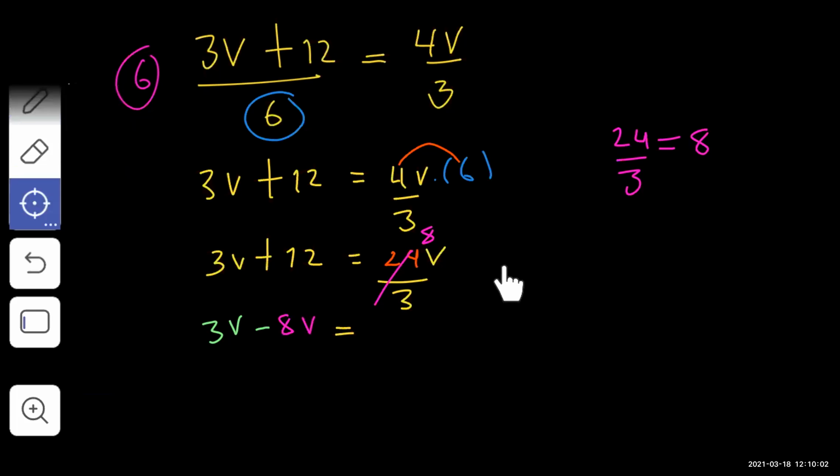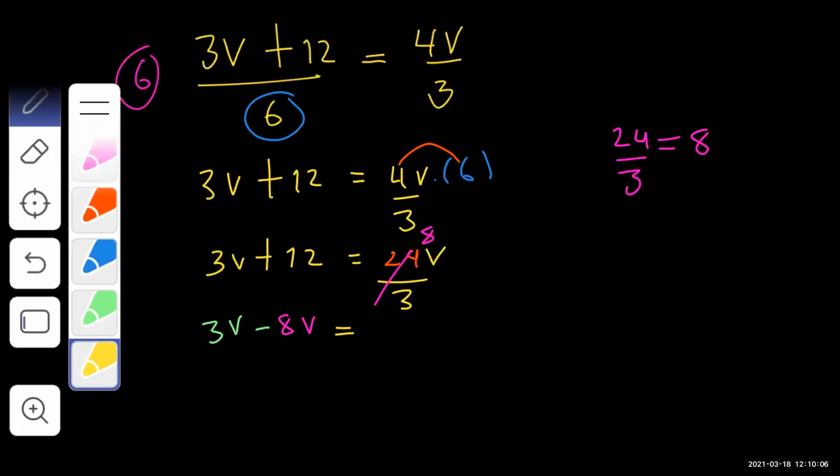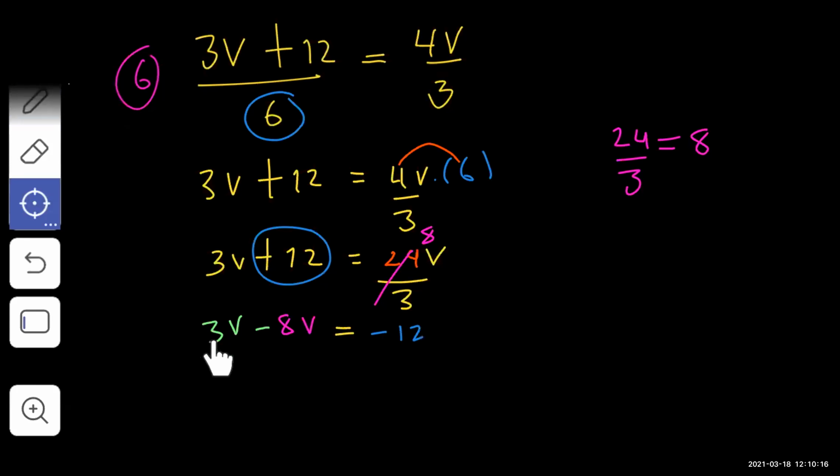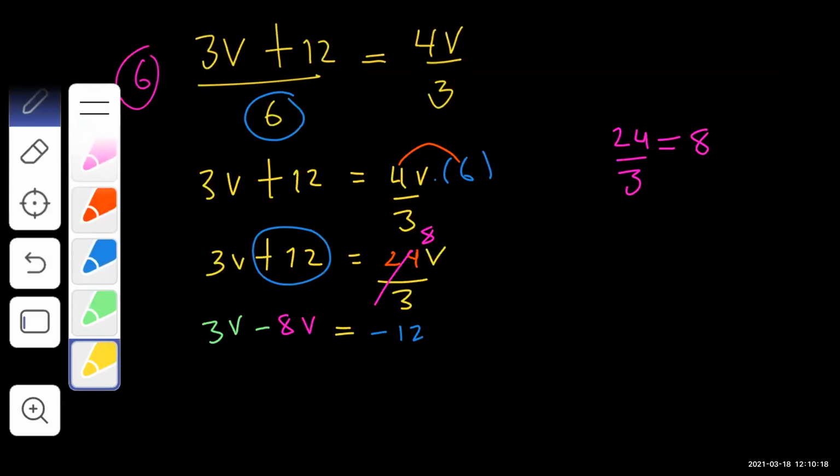I have no number here, but do I have another number here? 12. The other side is going to be negative. Let's simplify this then. What do we got? 3b minus 8b. 3 minus 8. We have different signs. 8 minus 3 is 5b. Which one is the biggest one, the negative or the positive? Negative, okay? Negative 12 here.